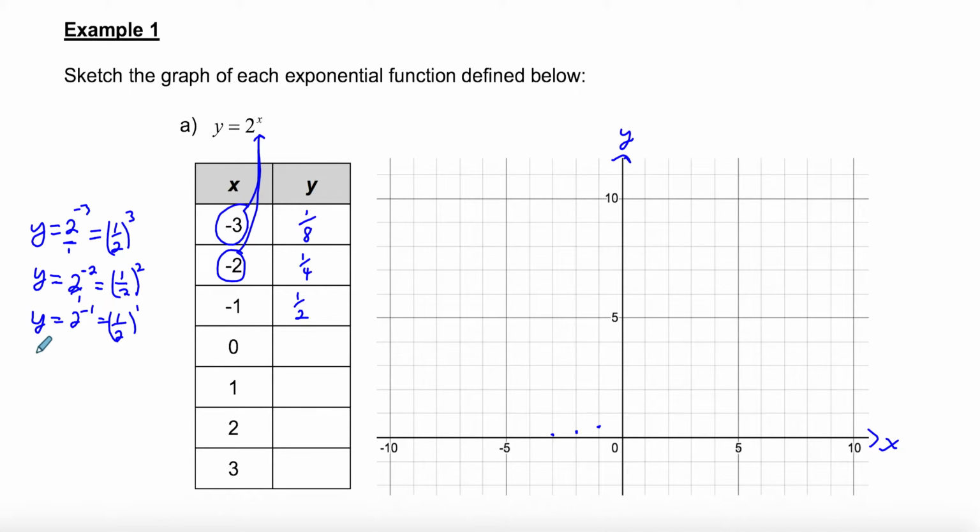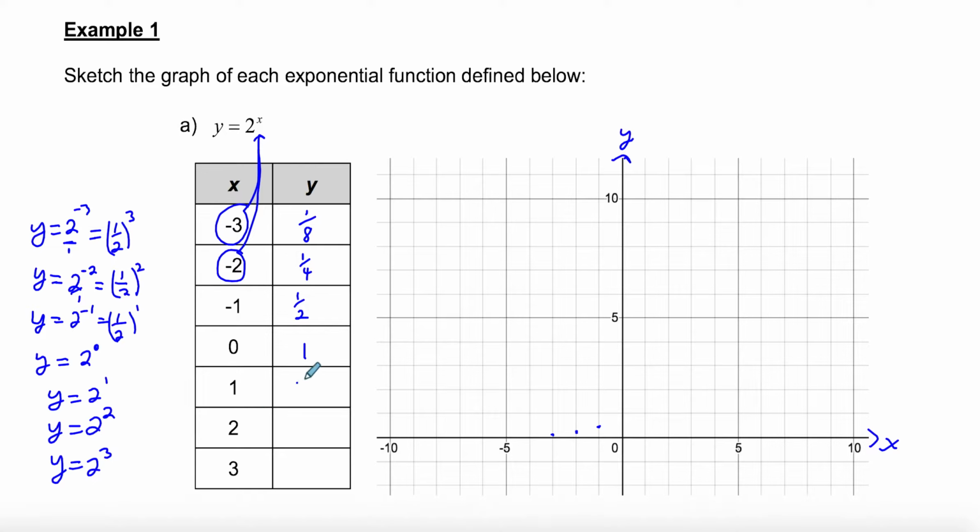0, so if we have y equals 2 to the 0, anything to the exponent 0 is 1. So this is going to be a really common point on these types of graphs. Then we do 2 to the exponent 1, we would do 2 to the exponent 2, and we would do 2 to the exponent 3.